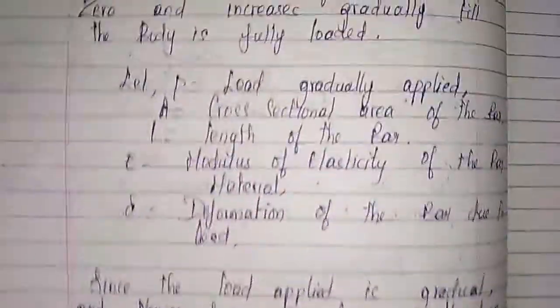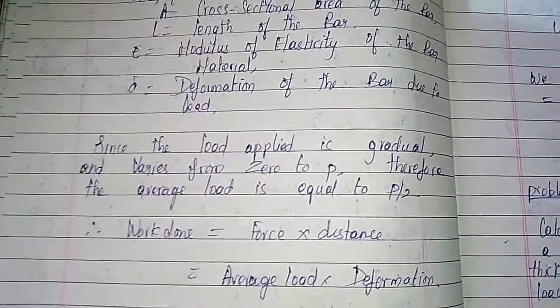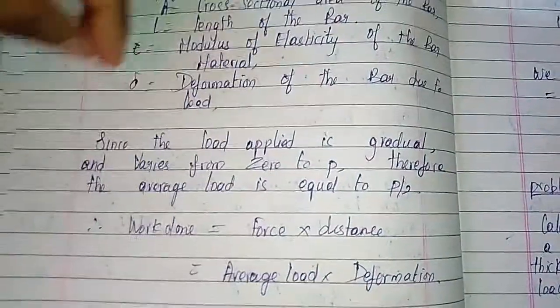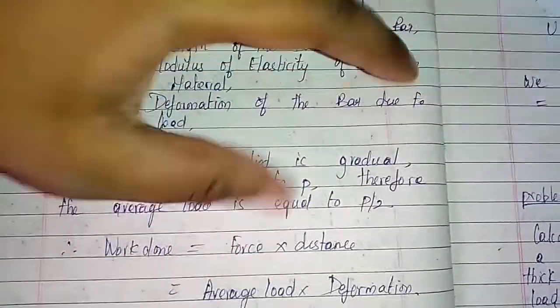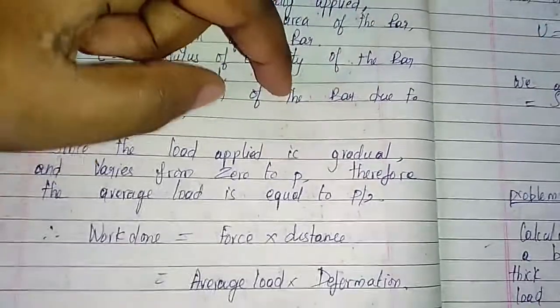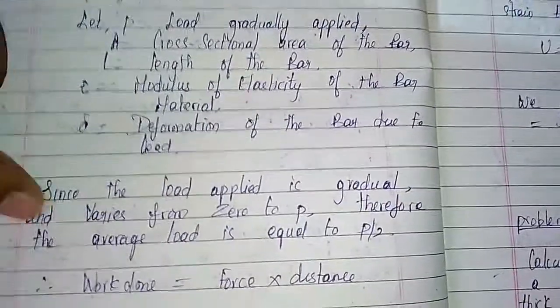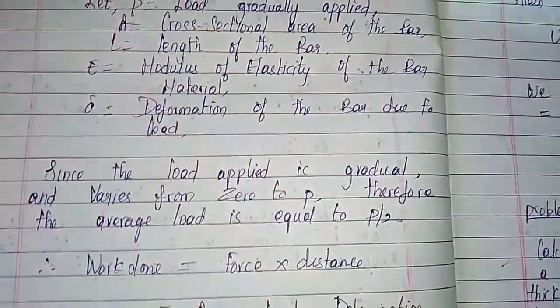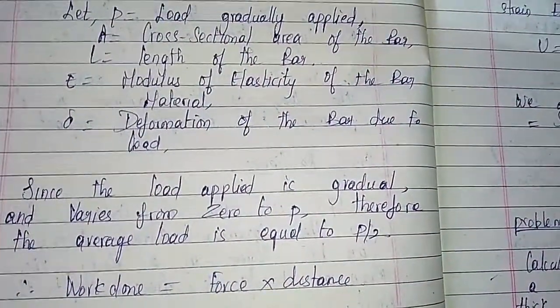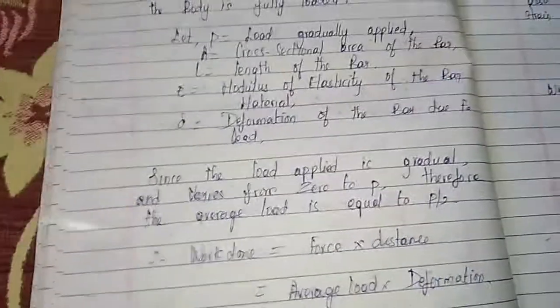Okay. Then since the load applied is gradual and varies from 0 to P, we are going to take the starting point as 0 and the maximum load applied as P. That is the thing. Load gradually applied P. Therefore, the average load is equal to P by 2. So average load means what? The load between 0 to P. So what is the average between 0 to P?